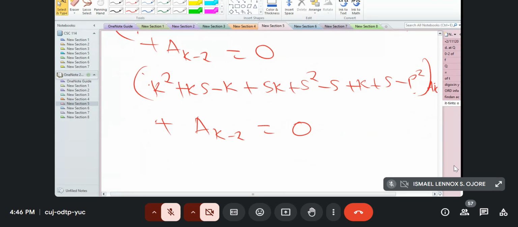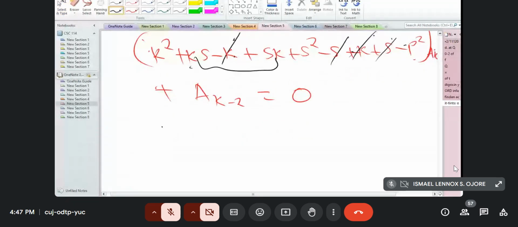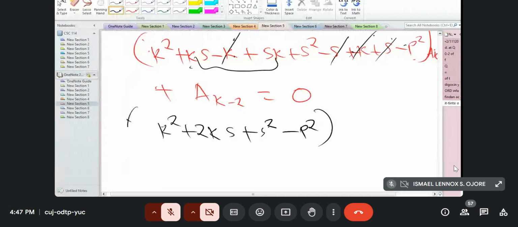I think I'm seeing a minus k and a positive k. Minus k, positive k cancels out. Minus s plus s cancels out. Ks plus sk, 2ks. Are we together? Yes. K squared plus 2ks plus s squared minus p squared, ak plus ak minus 2 equals 0.